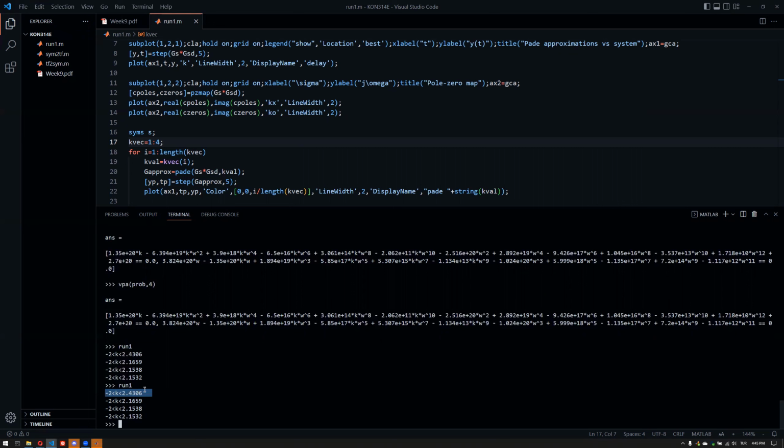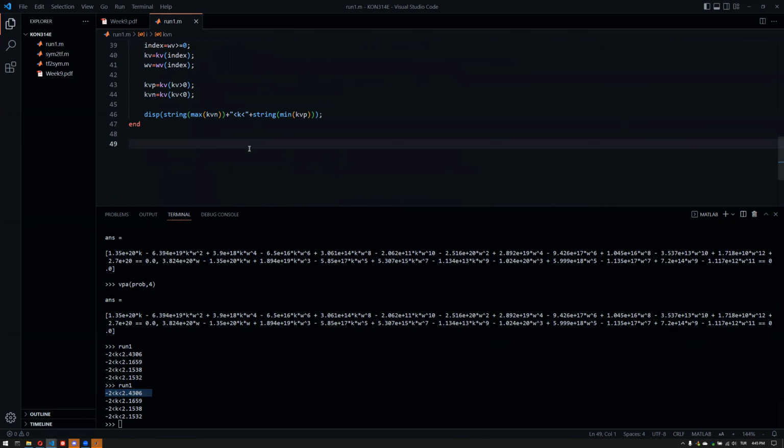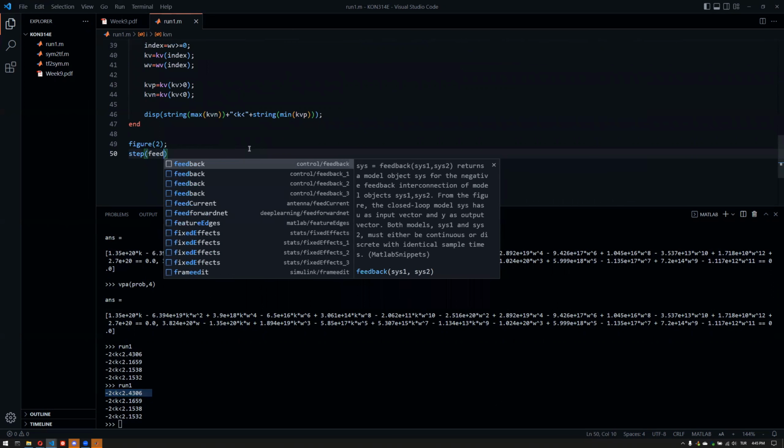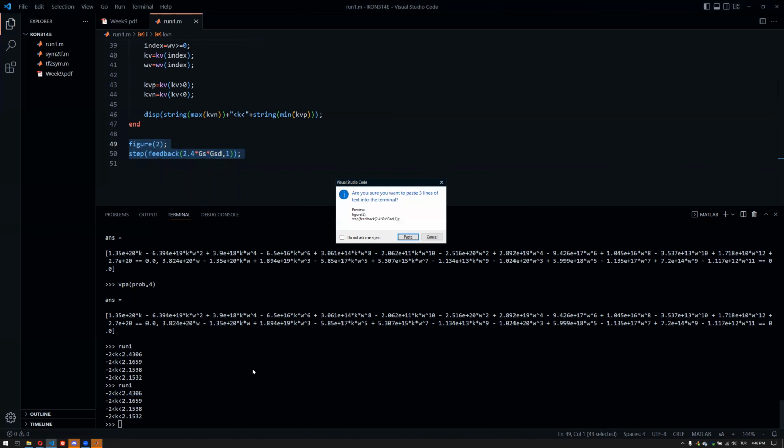You can pick 2.4 and look at the step response of the closed loop, and you will see what I mean. We can just have another figure, look for step feedback of 2.4 times G(s) times G_d(s), comma 1, and you'll see what I mean by that. So let's run this one here.